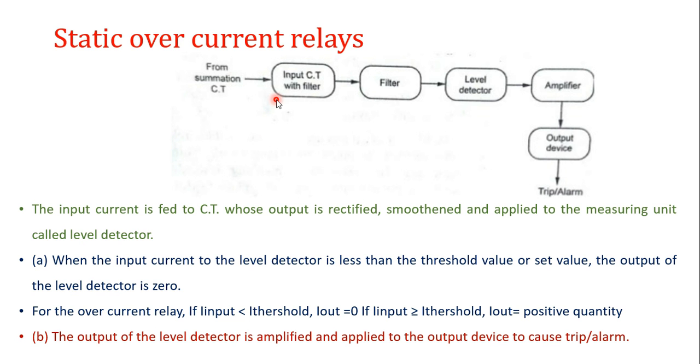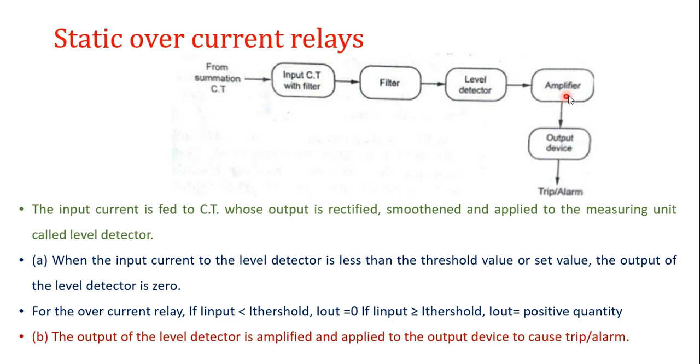There is a current transformer with a filter, and it is given to a level detector, where the magnitude of the current signal is compared with a pre-set threshold value set by the relay. When a fault occurs, the current value will be greater than the threshold value or the restraining quantity, and then the level detector will give an output.